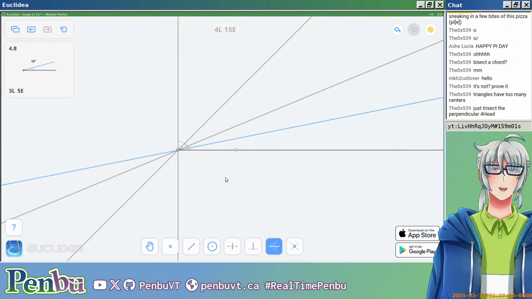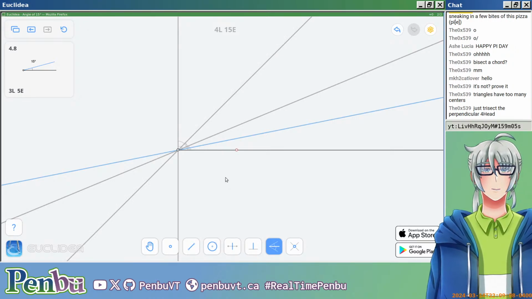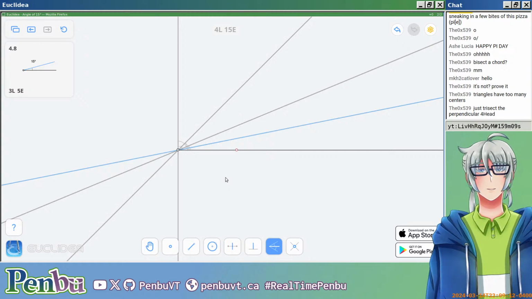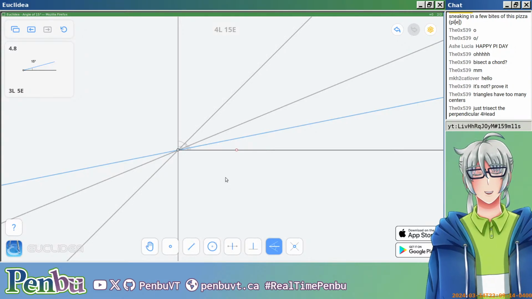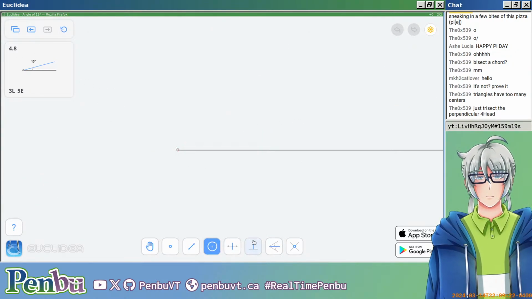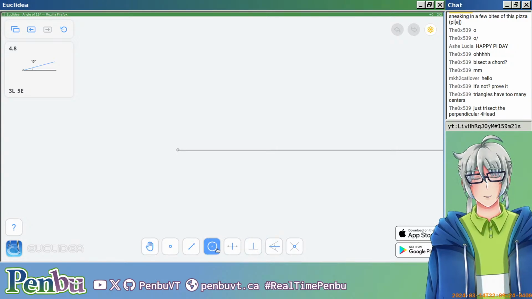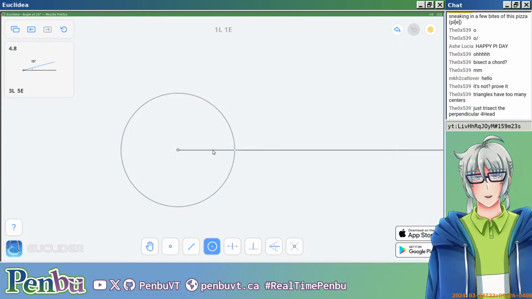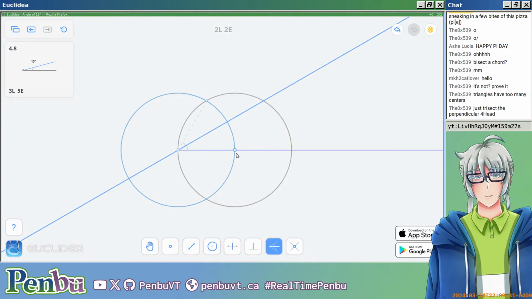Because perpendicular is 90, and you actually have to divide by 3 first to get 30. What we're calculating here is 45, and then half of 45, and then half of that, which is not 15. Okay. So then we can construct a 60-degree angle. Bisect that, and bisect that, and we get 15.